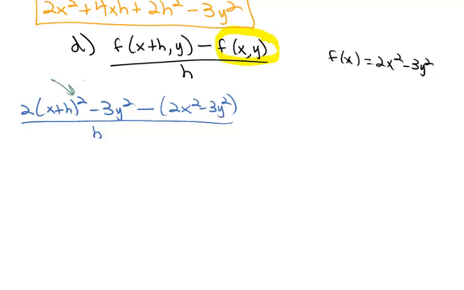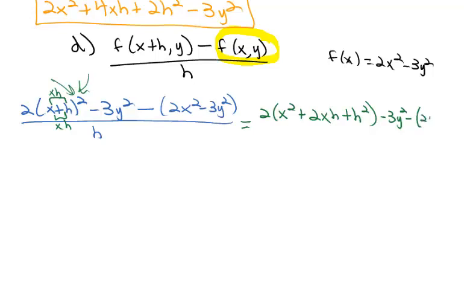Order of operations is going to have us do that exponent first. So we've got 2 times x squared plus 2xh plus h squared, minus 3y squared, minus, still in parentheses, 2x squared minus 3y squared. Running out of room. All over h.